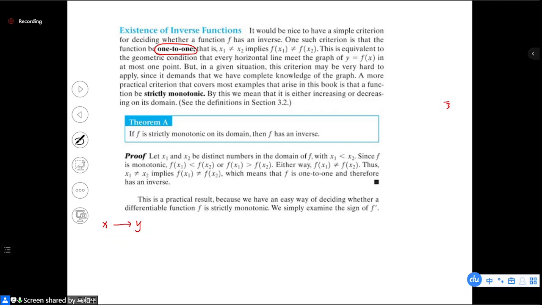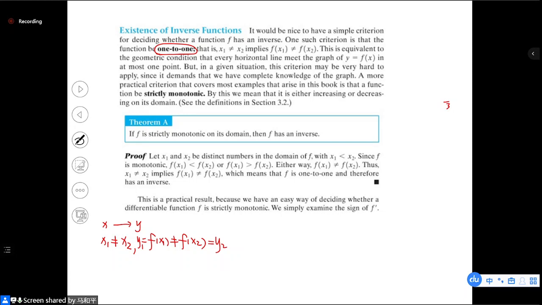Or this means if x1 is not equal to x2, it implies f(x1) is not equal to f(x2). This is called 1-to-1. We write this as y1 and y2, which means y1 is not equal to y2.